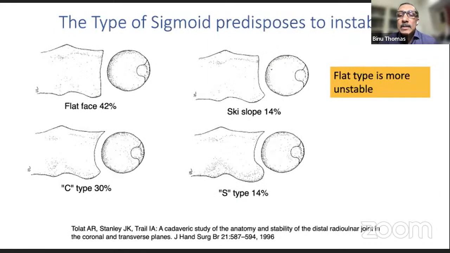Now, there have been some studies, especially by Amit Tolat, about the type of the distal radioulnar joint, especially the sigmoid notch. In his anatomical study, he found that there's a flat-faced type of sigmoid notch, which is very unstable. And these injuries happen to this type of sigmoid much more commonly than the others.